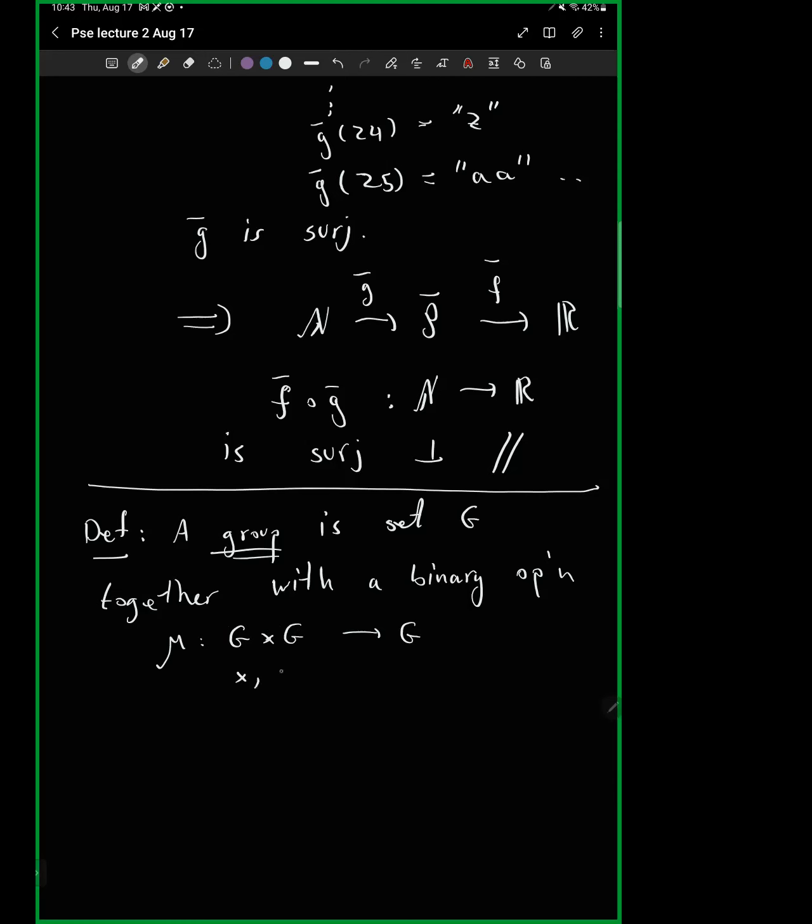I mean, the Cartesian product is the collection of all ordered pairs, and you map it to mu of xy. Here, if I wanted to be formal, I would say mu double brackets xy, because xy comes with brackets as is.